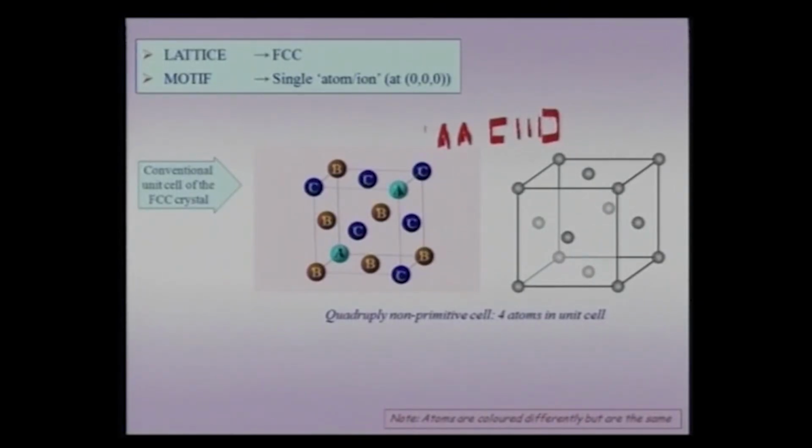So you can see that the A exists, then there is a B layer which is made by these B spheres, then there is a C layer, and finally there is one more A layer. In other words, I am constructing my crystal with respect to the standard orientation of the FCC crystal along the 1, 1, 1 direction. And what I get, as you know, is a quadruply non-primitive unit cell which has 4 atoms per unit cell.